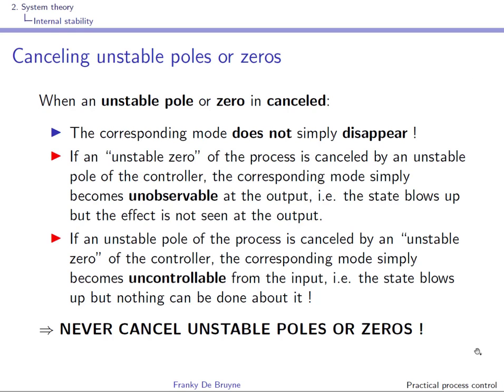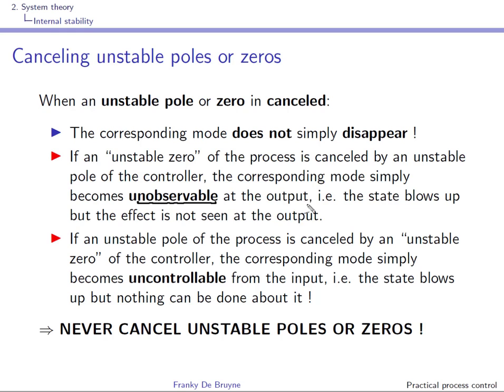For your information, and this is only for students in control engineering, remember that we have seen from the course of state space control that one of the reasons why a system becomes unobservable or uncontrollable is that there are pole zero cancellations. If, for instance, the unstable zero between quotes of the process is cancelled by the unstable pole of the controller, the corresponding mode will become unobservable at the output.